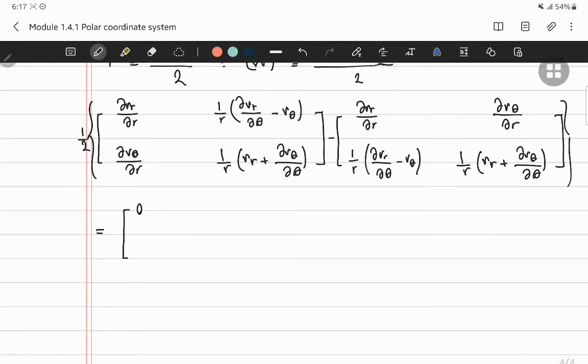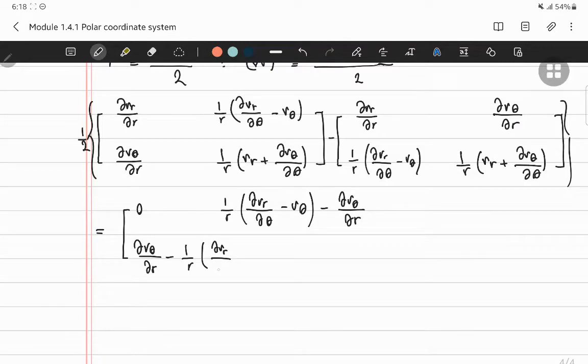This one minus this one: it is 1 divided by r, (∂v_r/∂θ minus v_θ) minus the partial derivative of v_θ with respect to r, and this one minus this one: the partial derivative of v_θ with respect to r minus 1 divided by r, oops, this is ∂v_r/∂θ minus v_θ.